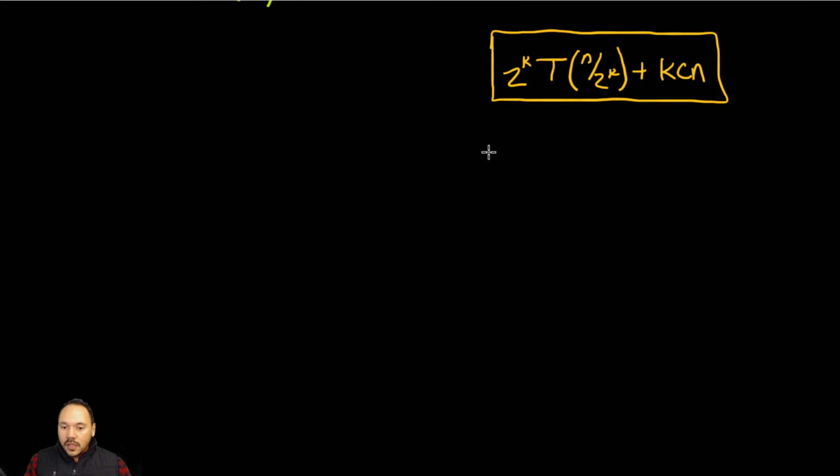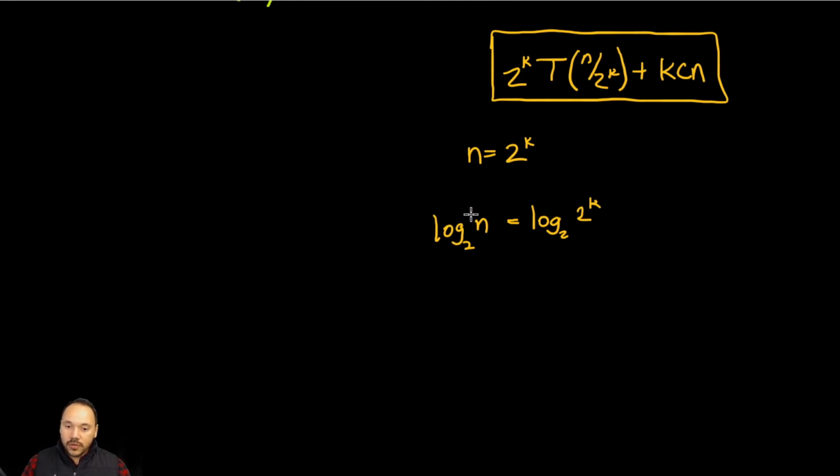So let's assume that n is equal to 2 to the k. We are interested in knowing what's k. So for that equality, we do log base 2 on both sides. So we have log base 2 of n is equal to log base 2 of 2 to the k.